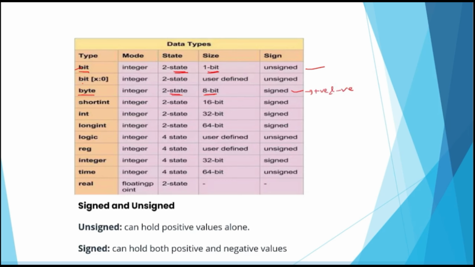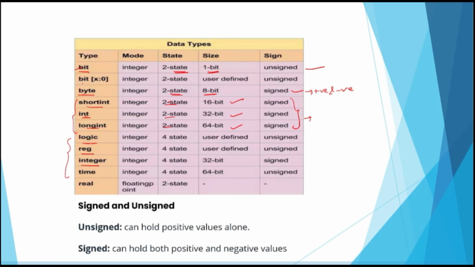And then coming to the int family, we can call this the int family. All the int family are two-state data types. Int can hold 32 bits, half of it is shortint, double of it is longint. The entire int family is signed. Clear? Then come the actual frequently used data types like logic, reg, integer.